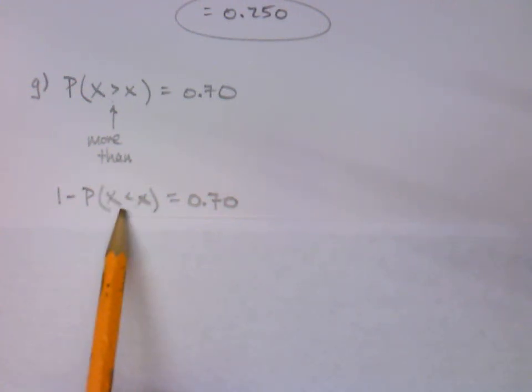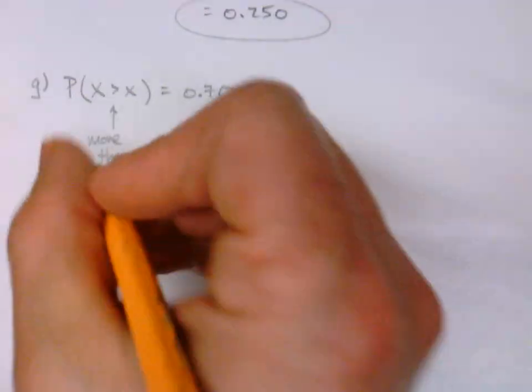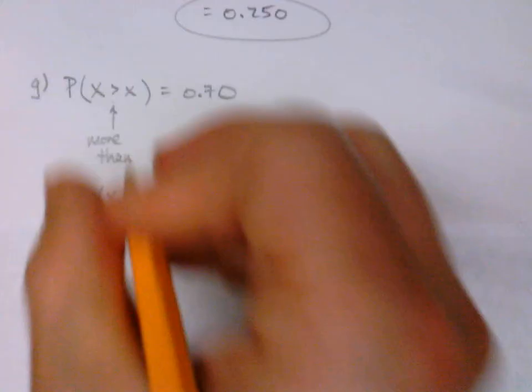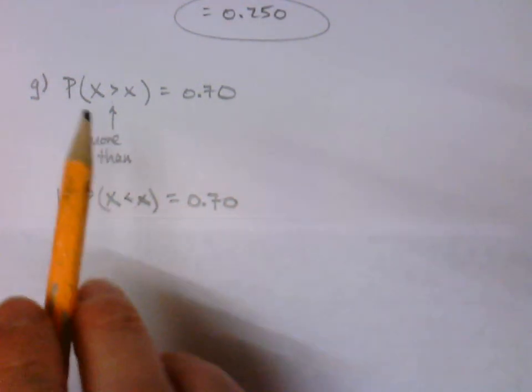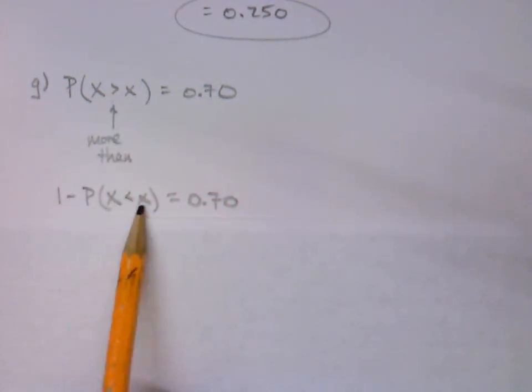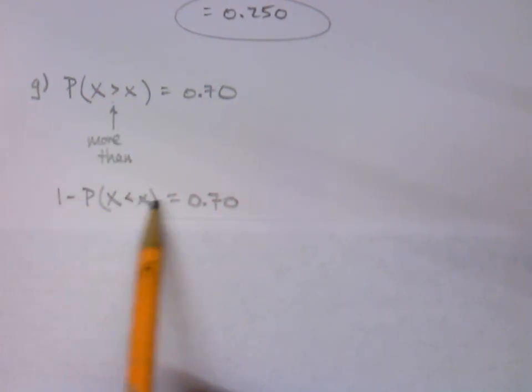If we think of the less than and we take that away from 1, that's saying the same thing. If that's not clear, maybe go back to that video, look at part 1 of practice problem number 1 again. There was a similar question where we turned a more than into a 1 minus less than. So this is what equals 0.7.